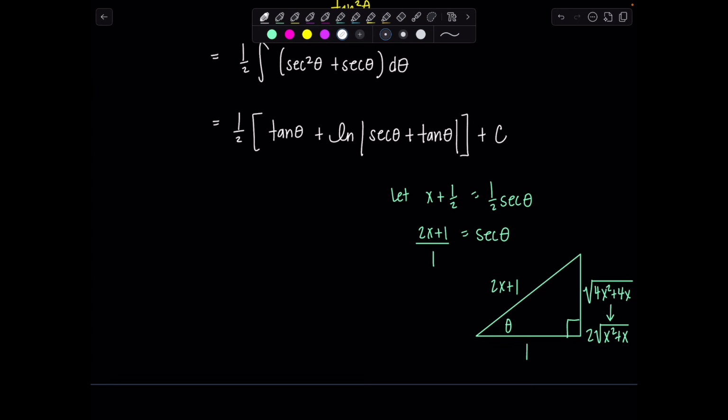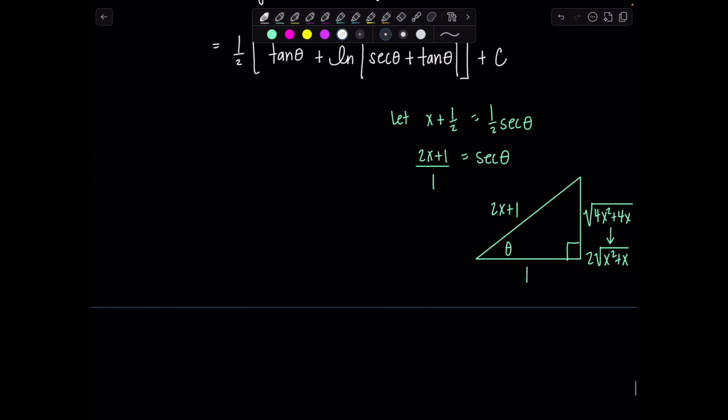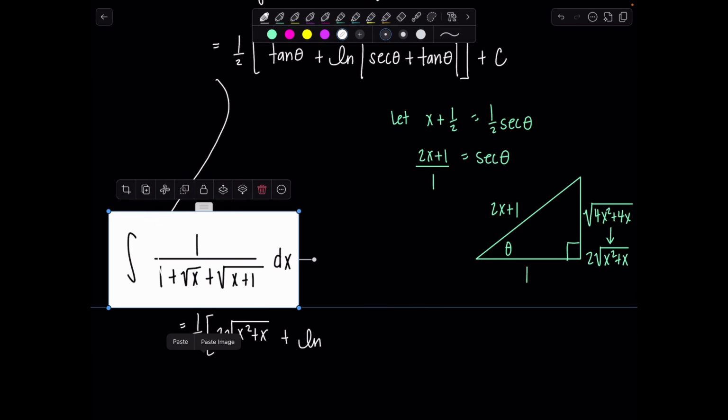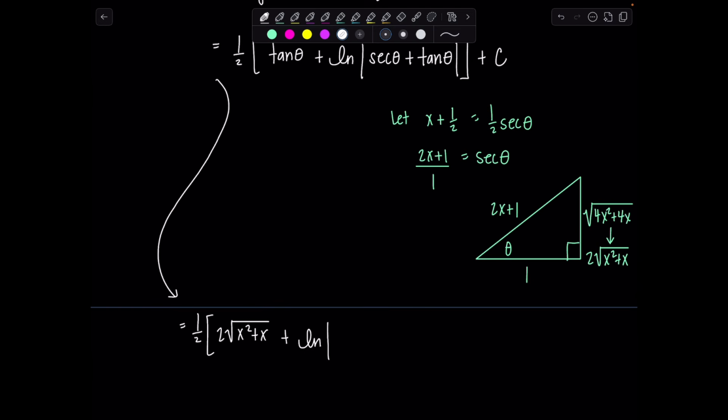Okay, here we go. Now let's use this triangle and get back to x's. So we'll have 1/2 tangent theta. That's the ratio of opposite over adjacent, so that's 2 square root x squared plus x over 1, plus natural log. Oh, we don't need that absolute value. Secant theta is right here, 2x plus 1, plus tan theta, we have it right there, 2 radical x squared plus x.